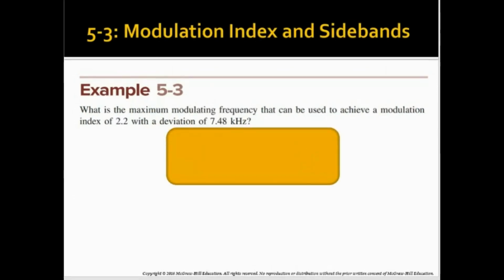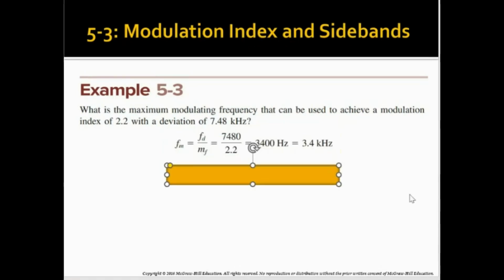So there is one more example. What is the maximum modulating frequency that can be used to achieve a modulation index of 2.2 with a deviation of 7.48 kilohertz? Okay, so we have our frequency deviation range of carrier is 7.48, and our modulation index is 2.2.